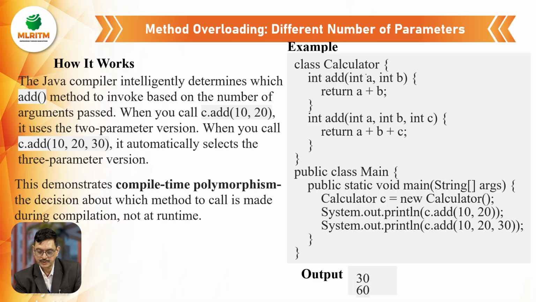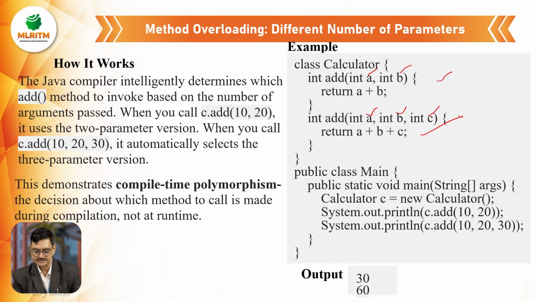We want to add two numbers A and B. So if you give two arguments as parameters, it automatically selects this method and returns the result A plus B. For example, if you give three arguments as input, A, B, C, the compiler automatically selects the second version of the add method and computes A plus B plus C as the result.